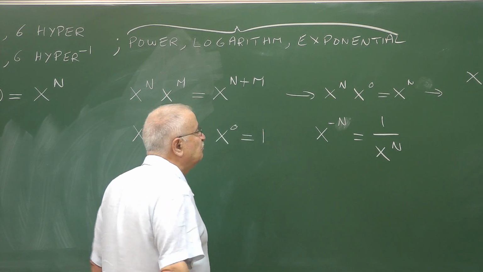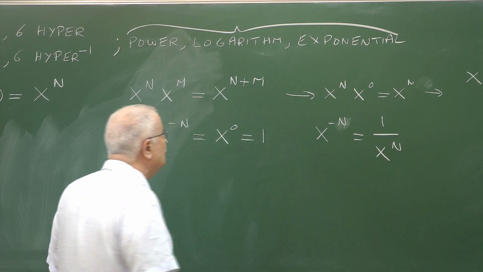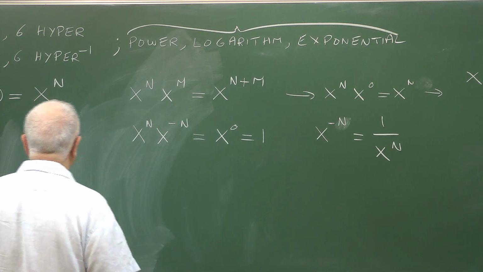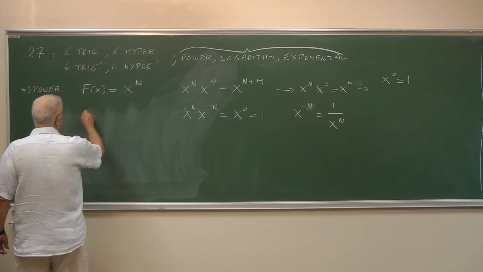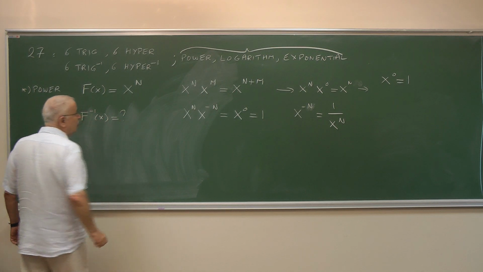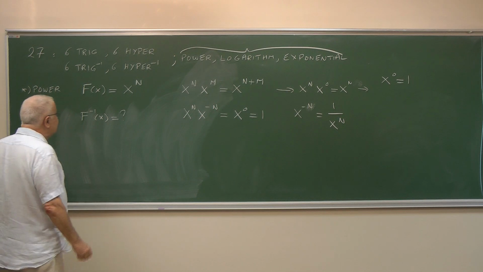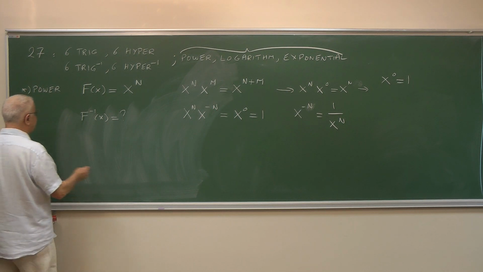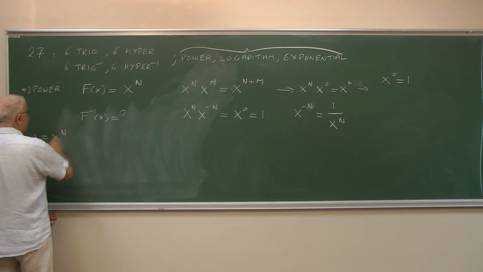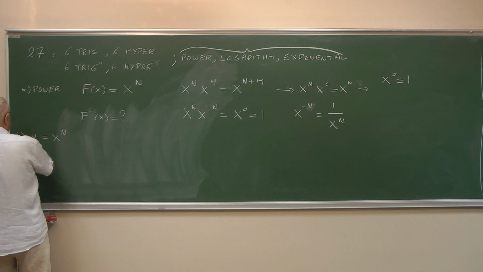Another thing would be the possibility of an inverse function. What is f inverse of x? Well, the recipe for an inverse function is this. We write y equals x to the n, my first step.